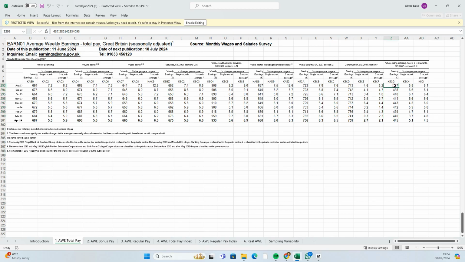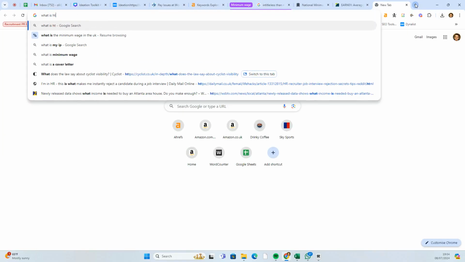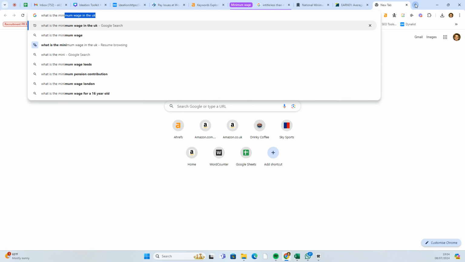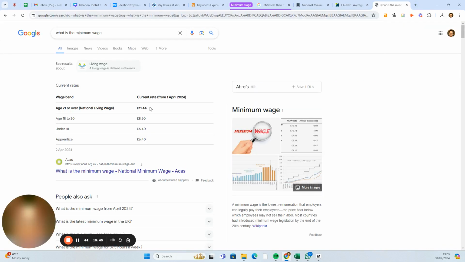So let's say March 2024 weekly earnings in wholesaling, retailing, and hotels is 440 per week. Is the minimum wage 11.44.